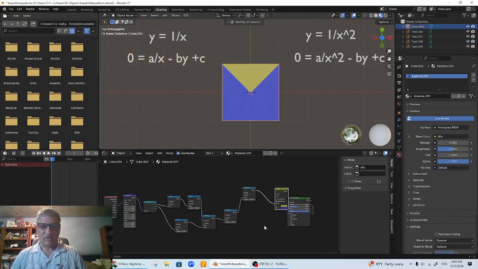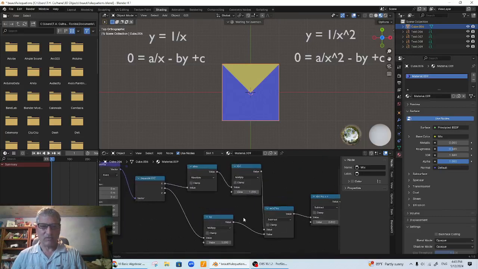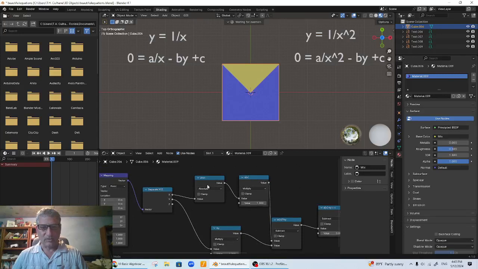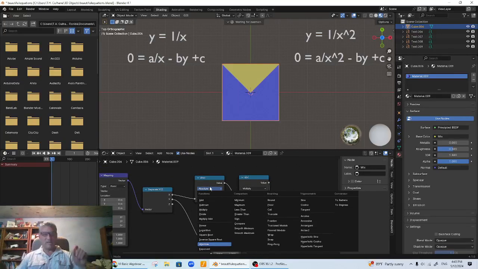And there's our node tree. And I want to then say that that was a absolute x, but this is going to be 1 over x, which is the inverse square root. Is there an inverse? I mean, one thing we could do is just tell it that we're going to do multiply and multiply it by negative.